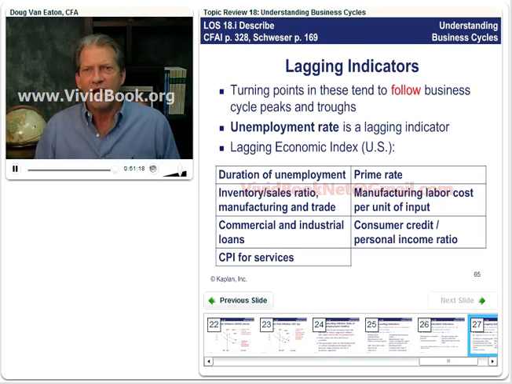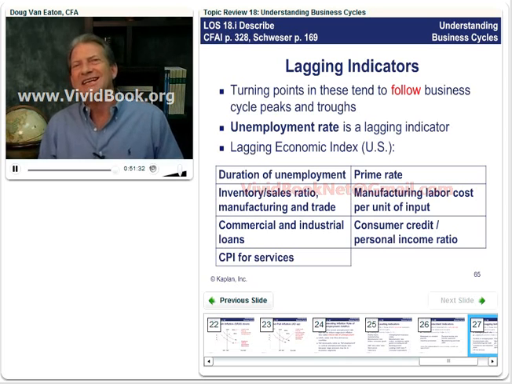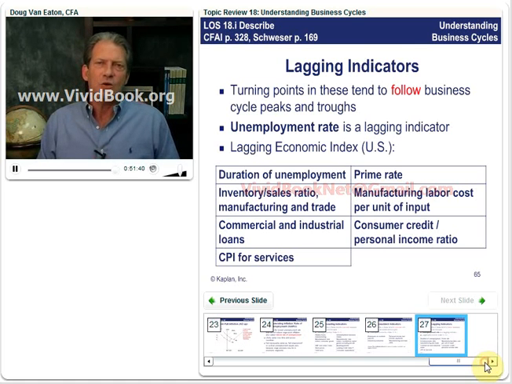So the prime rate, loans are a lagging indicator, inventory sales ratio, and duration of unemployment. How long has the average unemployed person been unemployed? So those are some indicators we look at. That's what leading, coincident, and lagging means.